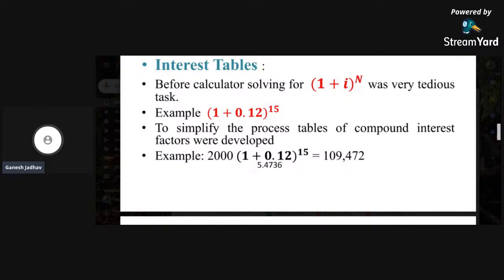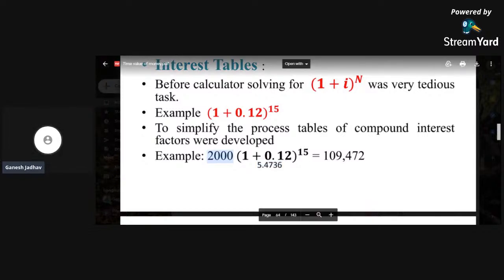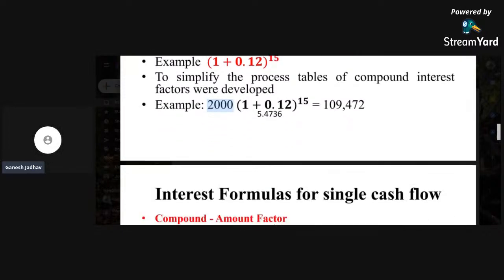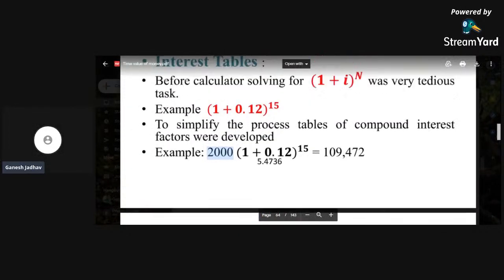Whenever you calculate this, you get the compound interest factor, that is 5.4736, and when you multiply this by 2000, you get 1,09,472 rupees.